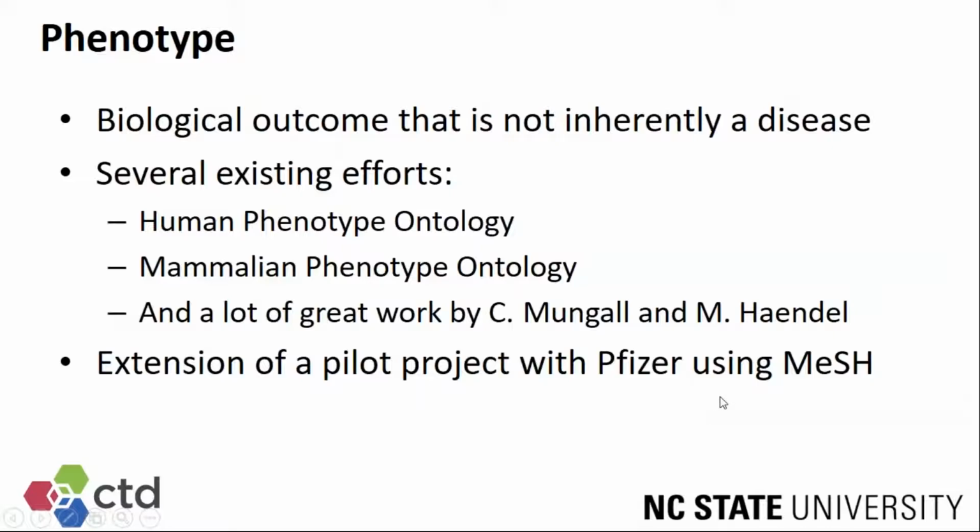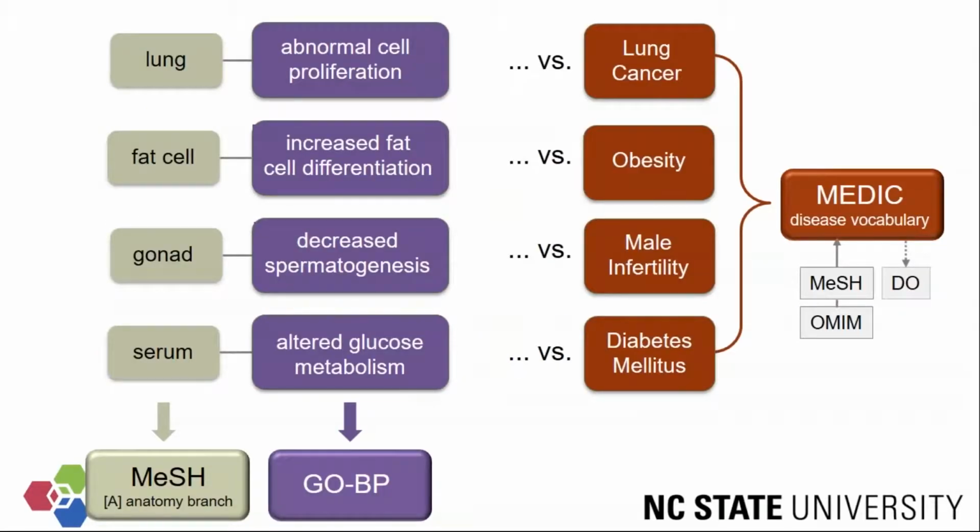We were trying to figure out how we could leverage some of those same approaches. We had done a pilot study in a collaboration with some Pfizer investigators early on, where we used MeSH. So we had some preliminary data that we were trying to fit into existing approaches.